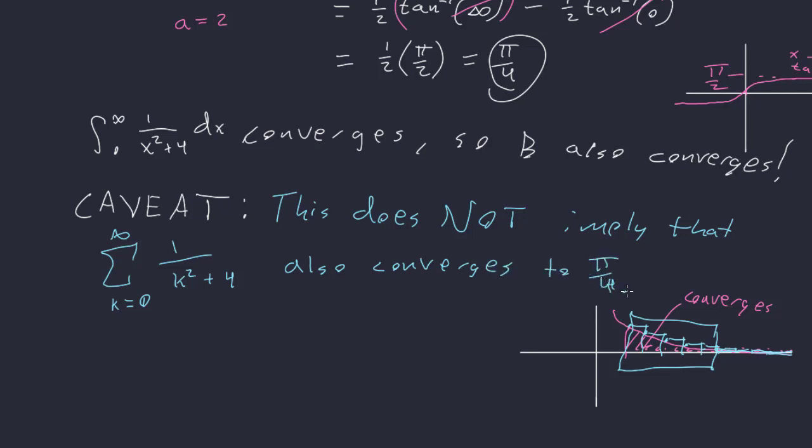We don't know what it actually converges to. We'd have to do a little bit more work to figure out how far off they are and when they start getting so close together that we don't need to keep checking the differences. It'd be a bit of work to approximate what this thing actually converges to. So keep that in mind. The integral test does not tell you what the series converges to, just whether or not this series converges.